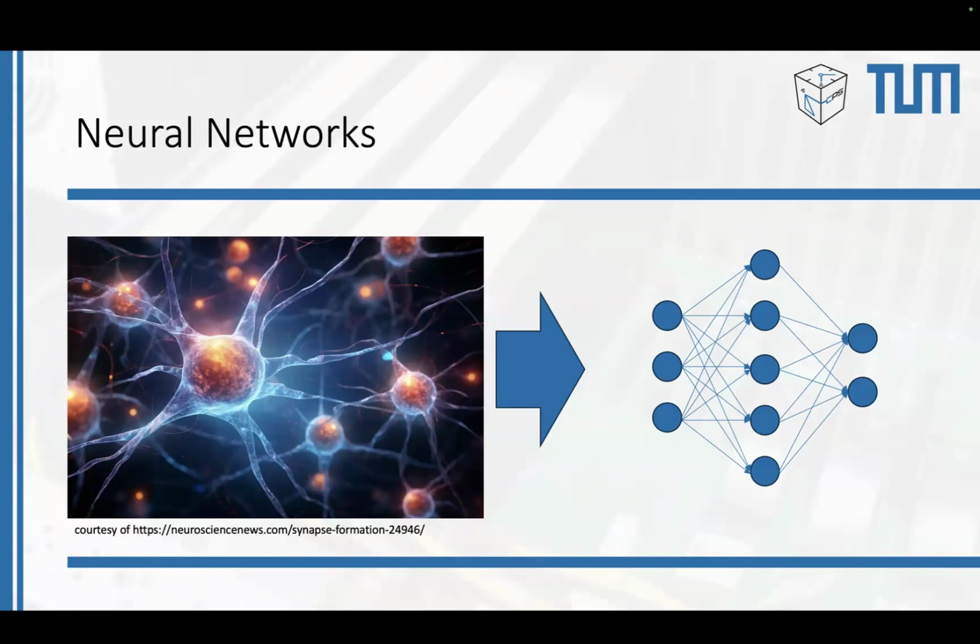So what are neural networks? Well, neural networks are inspired by biological neural networks, and don't quote me on anything that I say in the next 5 minutes because I'm not a biologist. What do biological neural networks do?